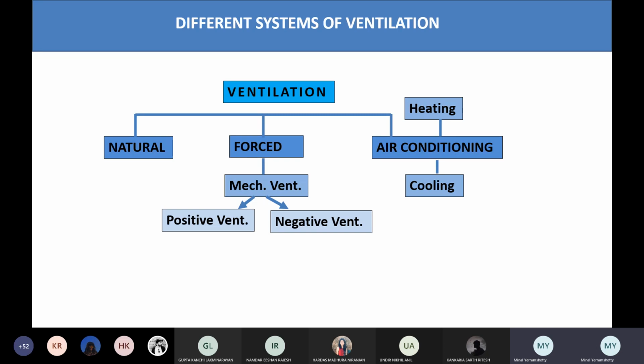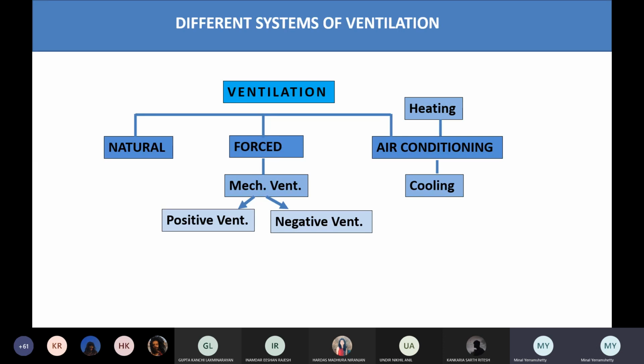And that is why in your fire systems, especially where people are supposed to travel, say in a corridor or a fire escape staircase, I will be using positive ventilation where I'm bringing a lot of air from outside, and via ducts and fan, I'm pushing it into the lobbies and the fire staircases, so that smoke will not be able to enter, because air is gushing out of the staircase rather than smoke coming in. So that is what positive ventilation is.